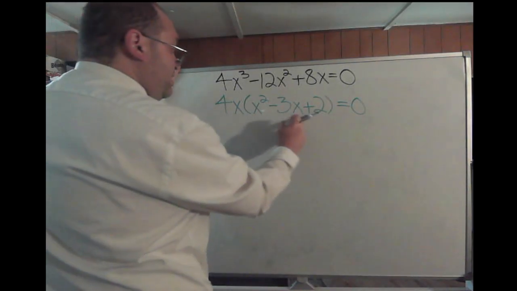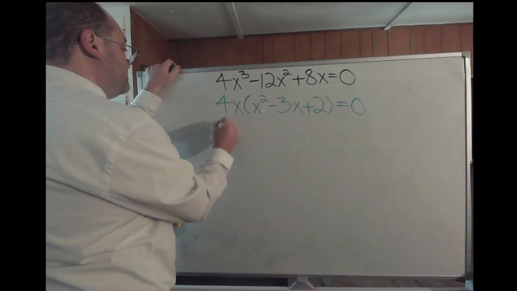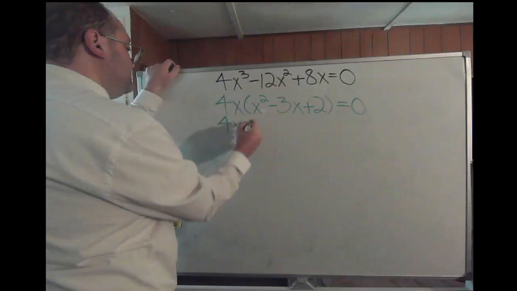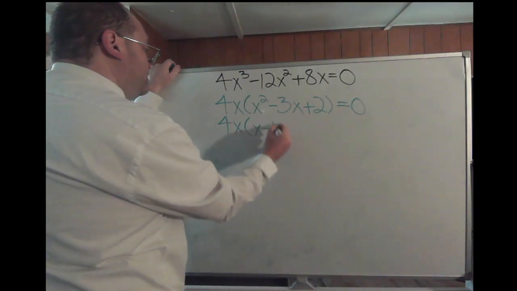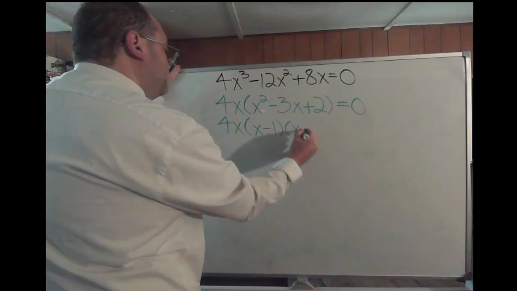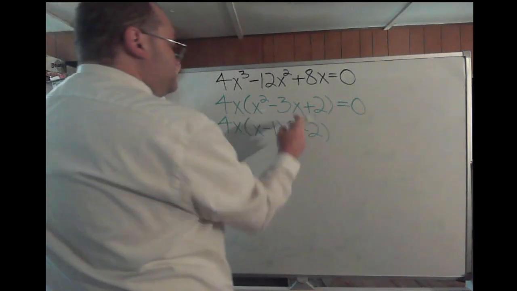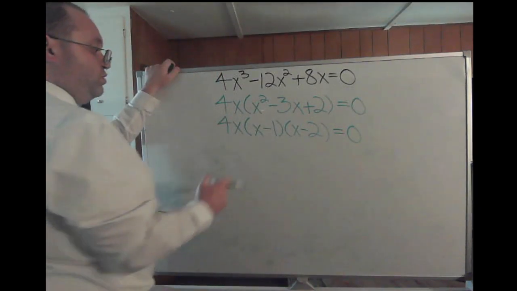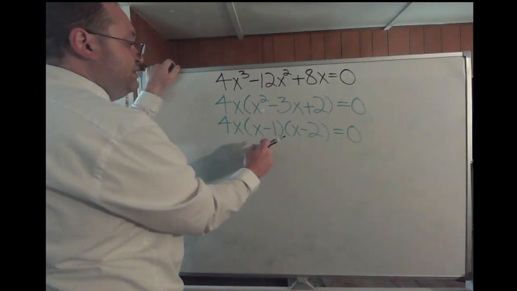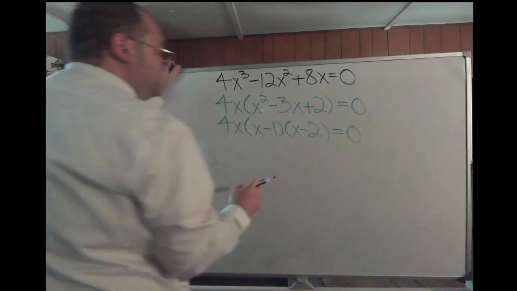Well, the x squared minus 3x plus 2 will definitely factor further. So you'll still have 4x on the outside times the quantity of x minus 1 times the quantity of x minus 2. That's the factorization of x squared minus 3x plus 2. You would get the quantity of 4x times the quantity of x minus 1 times the quantity of x minus 2, set that equal to 0.